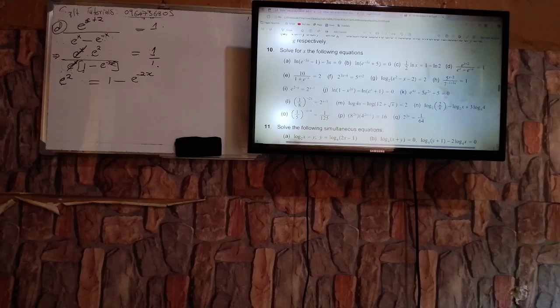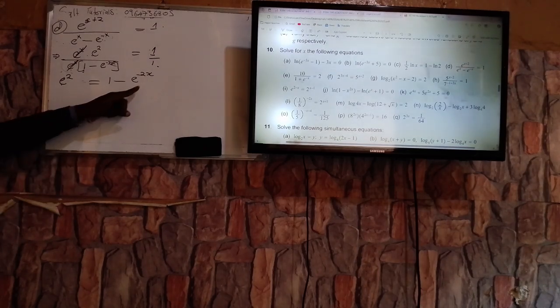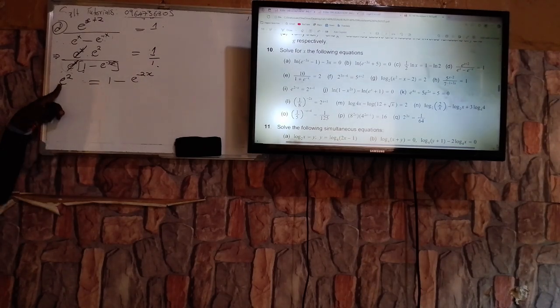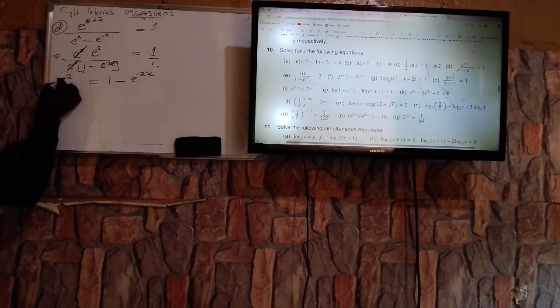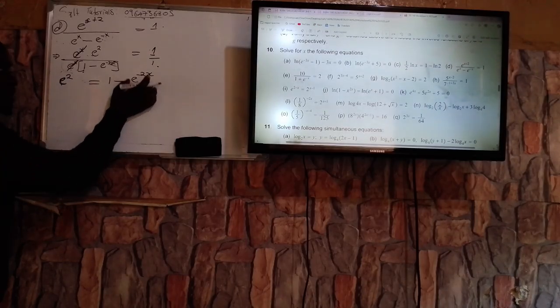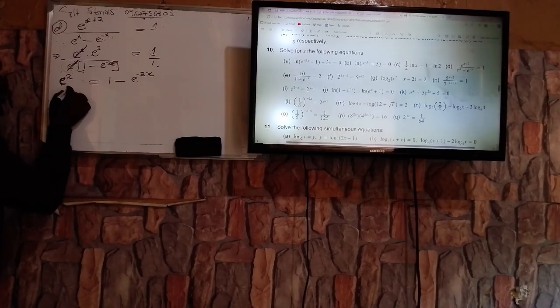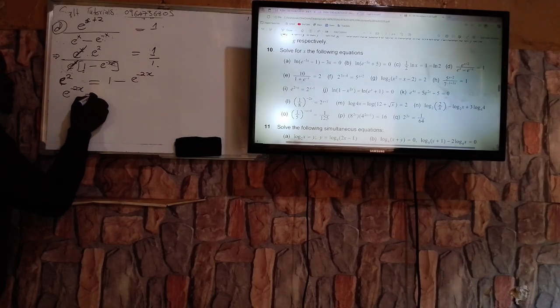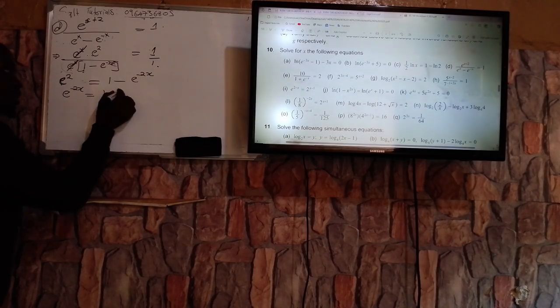Now let's simplify things. The variable which I have here is this one. These are numbers. Don't get confused with this e. This is a number, e, which has just been squared. So we'll make this the subject. If this one crosses, it becomes positive e power negative 2x equals 1, and when this one crosses, it becomes minus e squared.